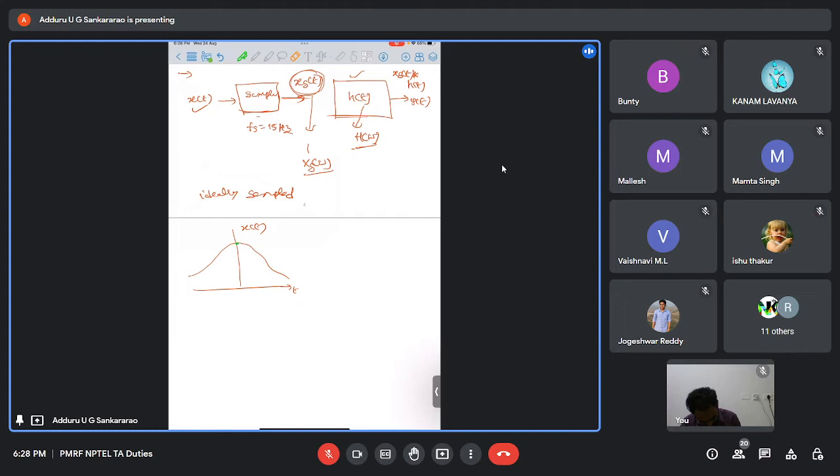Let us say these are the samples, and only these discrete values can be used for further analysis. That means instead of the entire signal, we take the samples of the signal at discrete intervals. Let us say these are the samples.